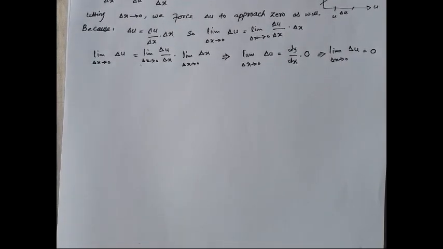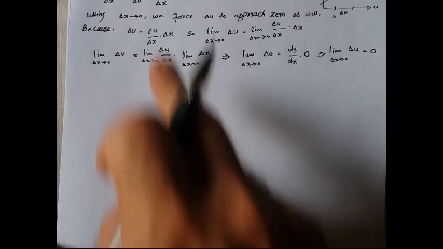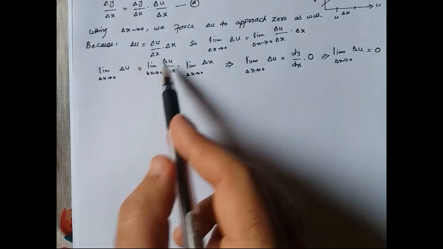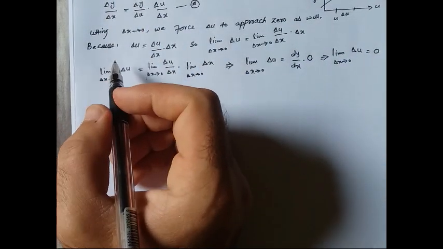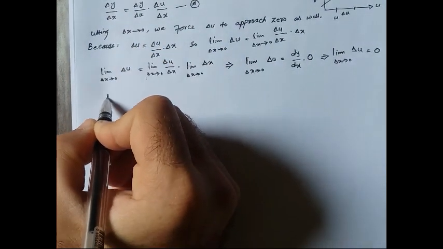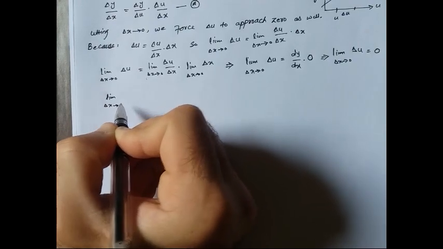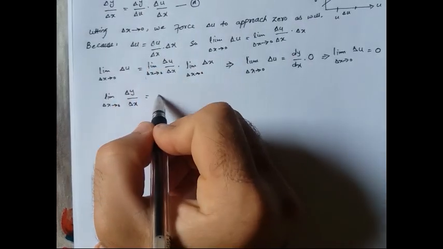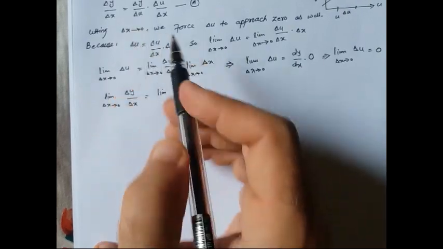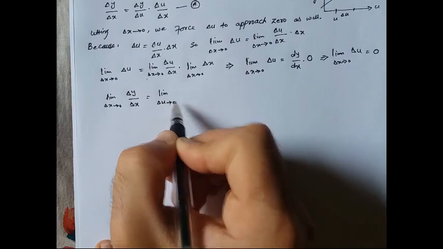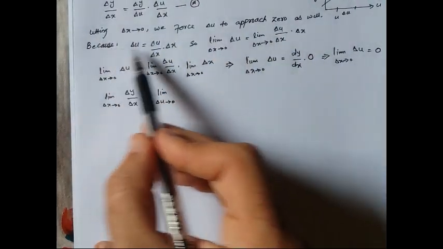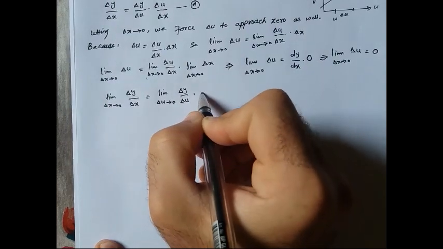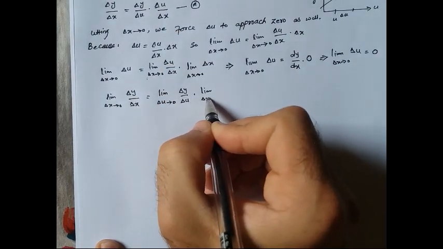From this we can say that as delta x approaches 0, then delta u approaches 0, and a can be written as the limit as delta x approaches 0 of delta y over delta x, which is the limit as delta u approaches 0 of delta y over delta u, multiplied by the limit as delta x approaches 0 of delta u over delta x.